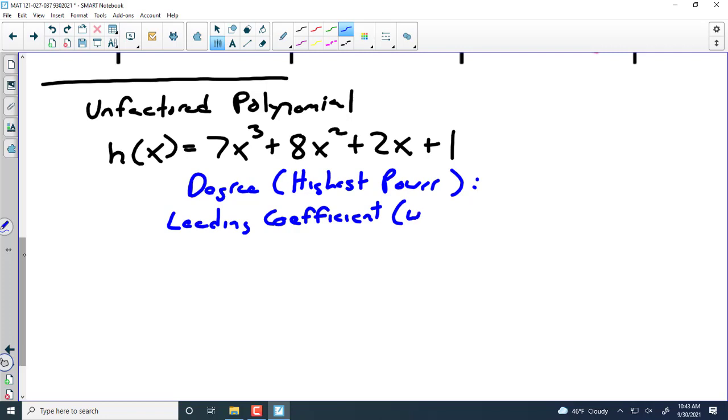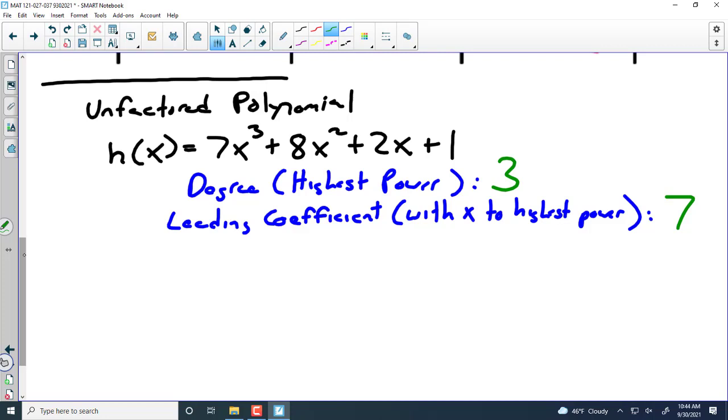The leading coefficient is with x to the highest power. So the degree of this polynomial is just going to be 3. That's the highest power I see there, so the degree is 3. Done. The leading coefficient is the coefficient that's with the x that has the highest power on it. So the leading coefficient of this one is 7, because there's a 7 in front of the x cubed.